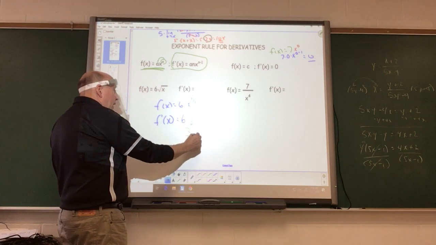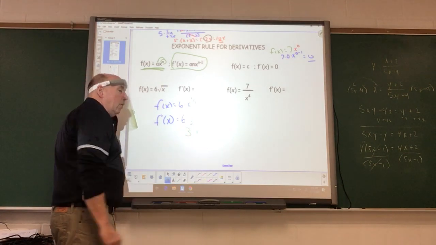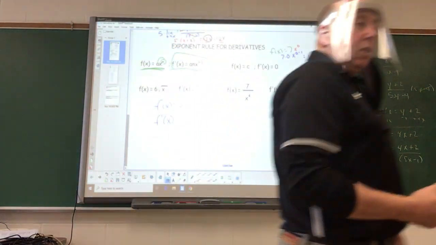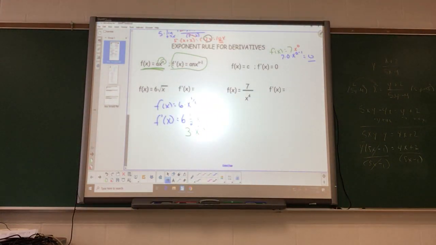And then we have x to the negative 1/2 power. Now, the rules of thumb for how we're going to write our solutions here: you need to get it back into radical form, and your solutions are not to have negative exponents. So you need to get it back into simplified radical form with no negative exponents.